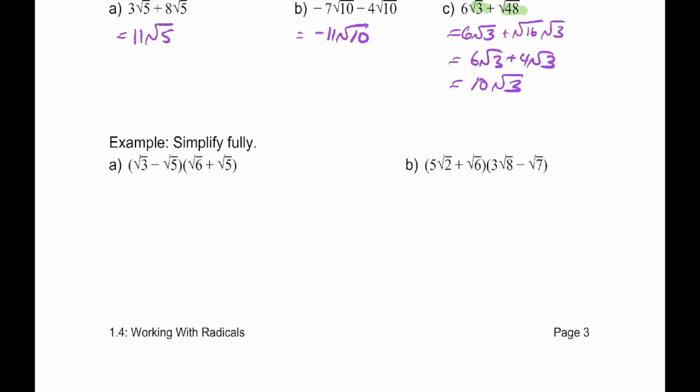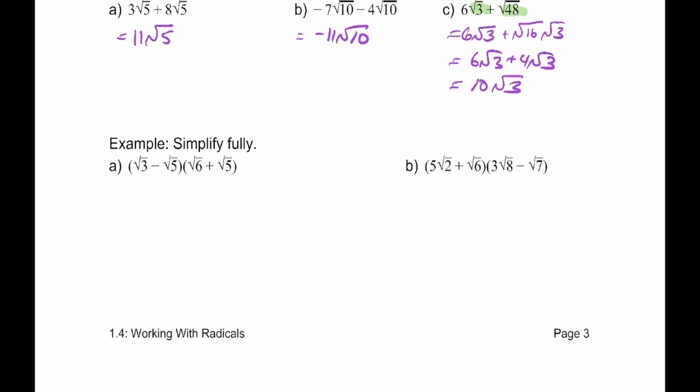The last example we're going to go through here is multiplying or distributing radicals. This is a lot like polynomials again. We'll take a binomial times a binomial, and we do FOIL, or what I used to call the rainbow method, where we distribute across. So the first one is going to be root 3 times root 6. I'm going to write these out explicitly as I go through.